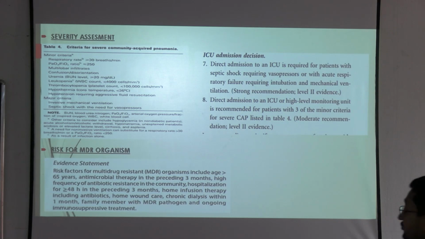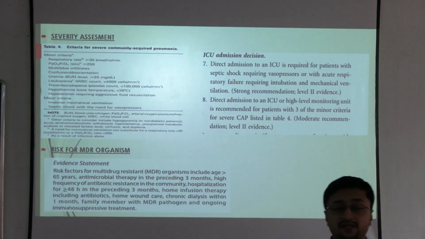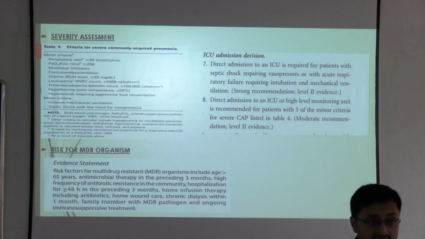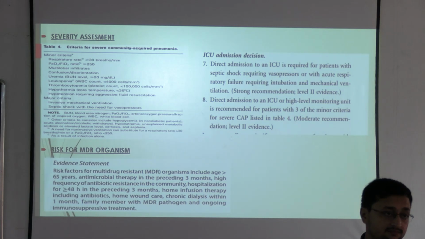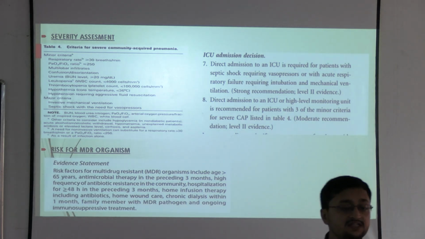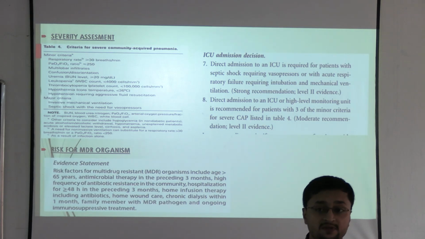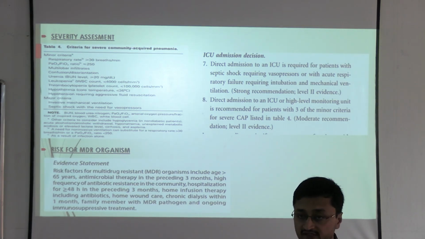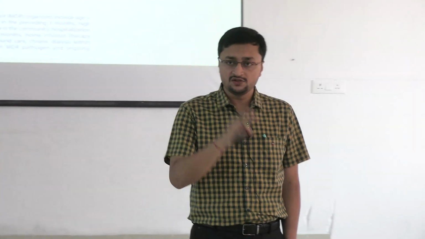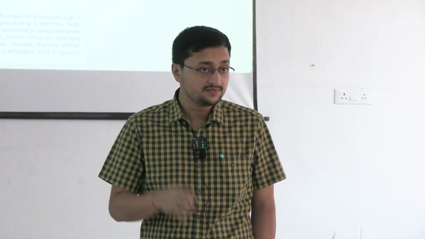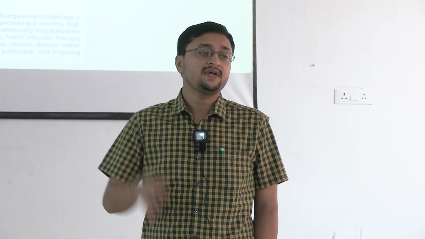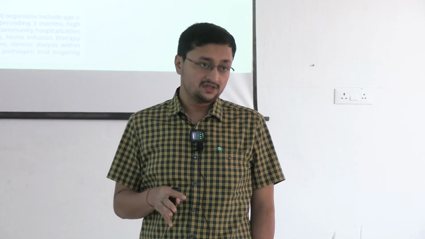And next, you should assess if the patient is having any risk of multi-drug resistant organism. So what are the risk factors? Most important risk factor is previous isolation of MDR. If the patient was admitted previously in your or other hospital's ICU and you found that the patient was having MDR organism, multi-drug resistant organism, then this time also the patient may have MDR organism.